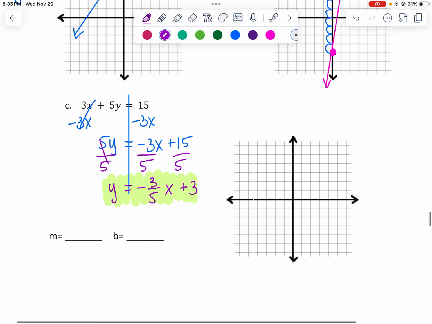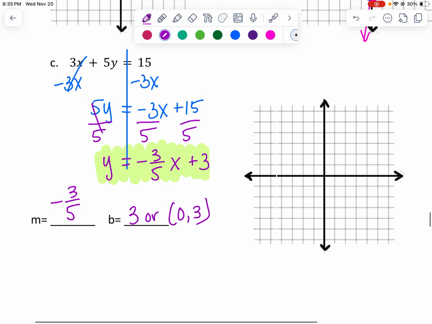My slope, it looks like, is a negative 3/5. And then my b is 3, or in other words, it's 0, comma 3. So when looking at my graph, I'm going to start at 0. For my y value, I'm going to go up 3, 1, 2, 3. So here's my first point of 0, comma 3. And then my slope is a negative 3 over 5.